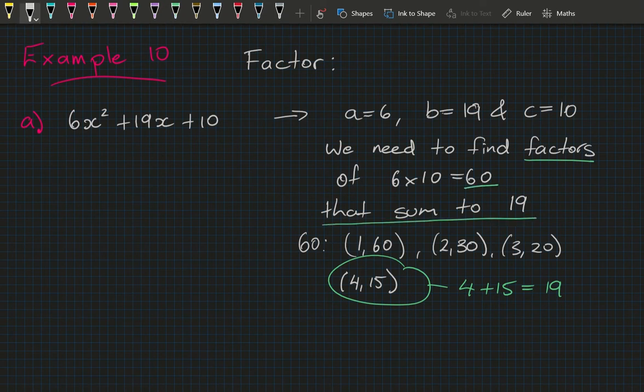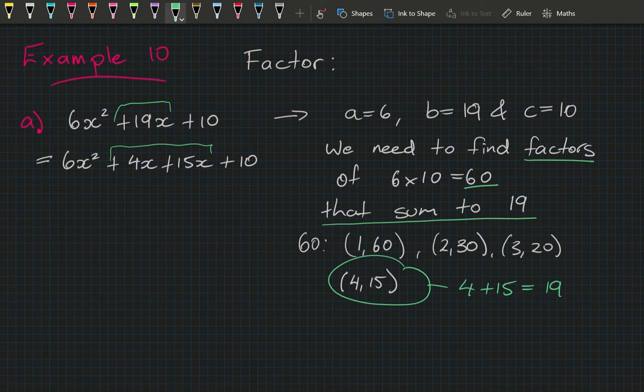So we can now write this trinomial as 6x squared plus 4x plus 15x plus 10. Because all we've done is take this 19x and rewrite it as 4x plus 15x. And now we can group this and see that the common factor in the first group is 2x and the common factor in the second group is 5.